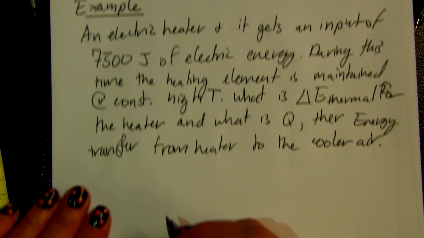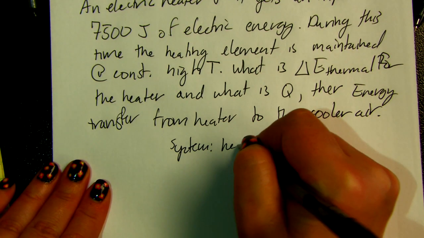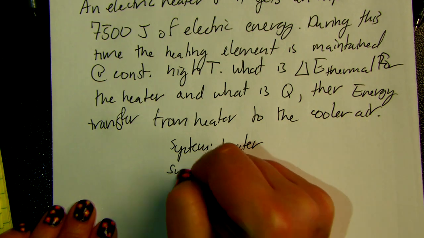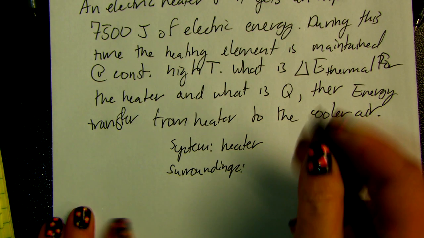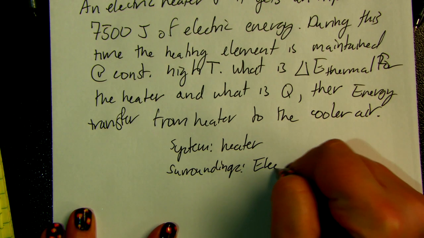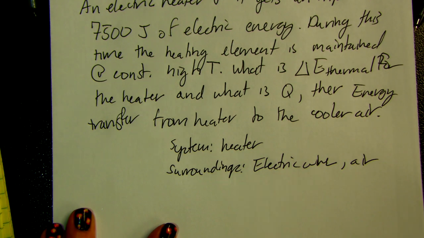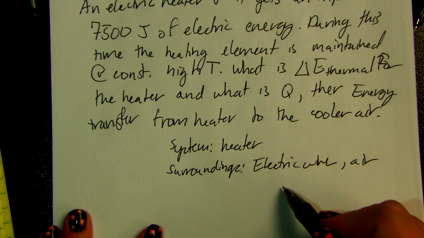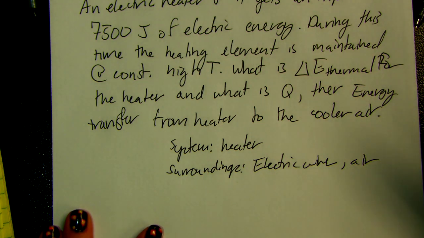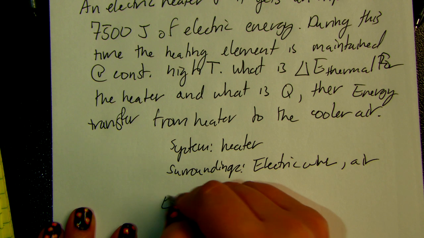All right, so our system is the heater. Our surroundings are the electric wires and the air. So it's receiving energy from the electric wires and it's giving energy out to the air. So we need the energy principle.